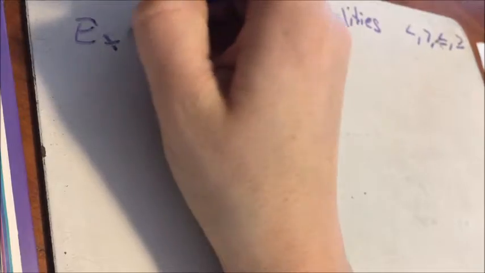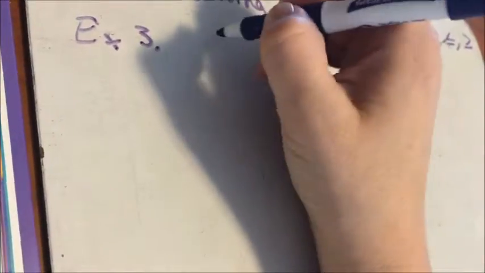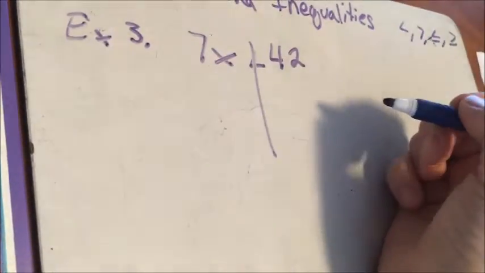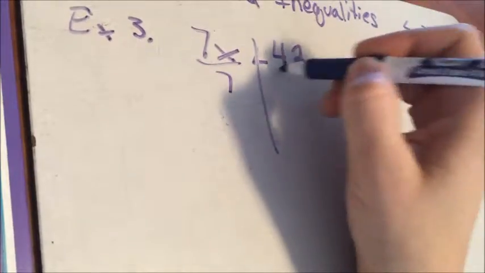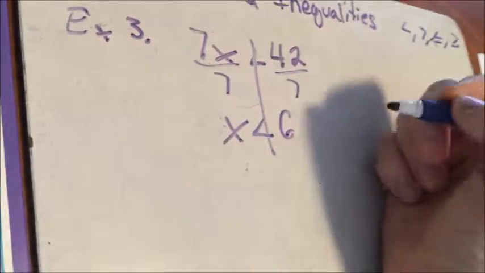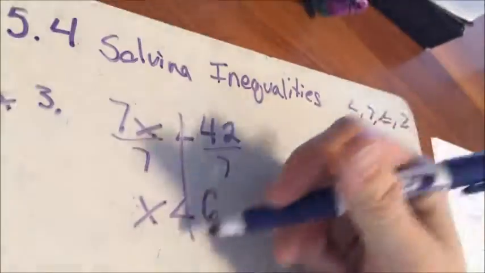All right, let's look at a basic division just to make sure we remember. So example 3, let's just do 7x less than 42. I want to find x, so I'm going to divide by 7. x is less than 6. Let's pick a number less than 6 and make sure it works up here.